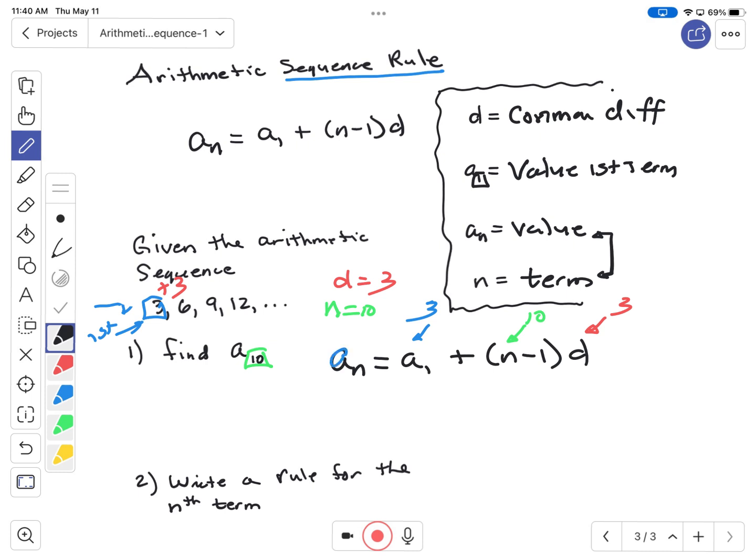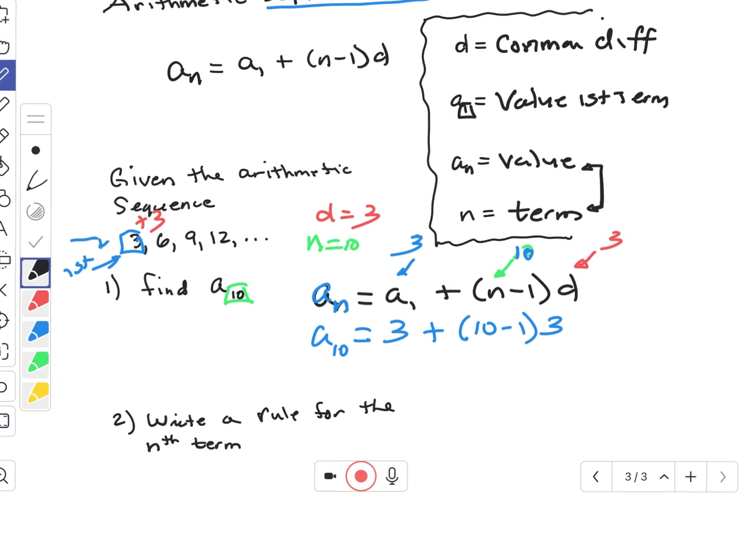So A sub n is the value of the 10th term. So we want to find the value of the 10th term, and we just plug in what we know. Again, we know the first term has a value of 3, so A sub 1 got replaced with 3.